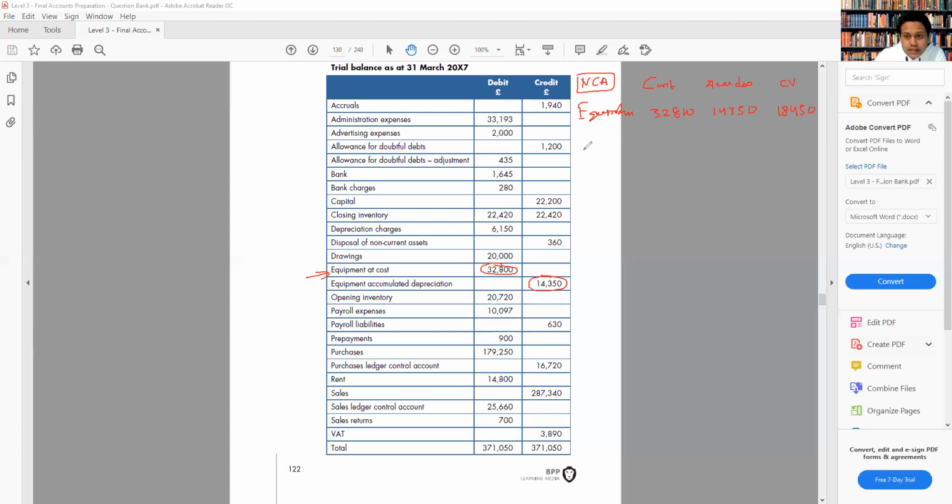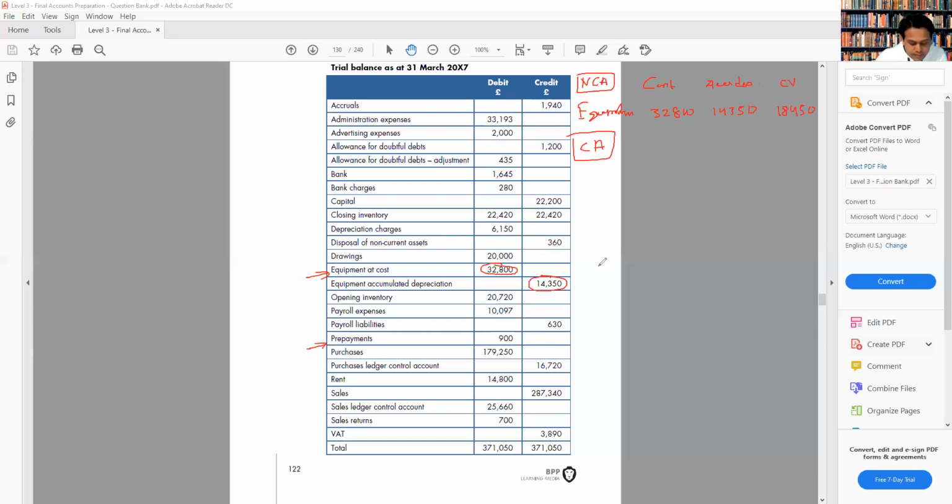Then we move to the current asset, CA. On the current asset section, normally we have inventory, trade receivables, prepayment, bank, cash, this type of thing. So let's try to find what we have. We can see we have the prepayment. Prepayment is an asset.